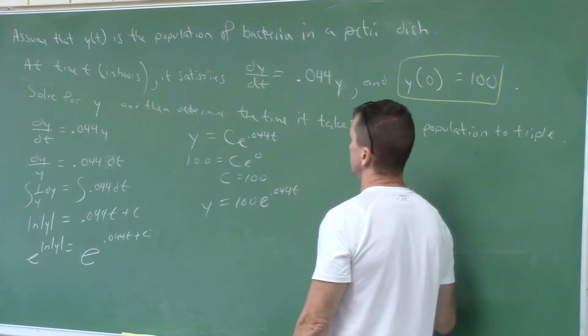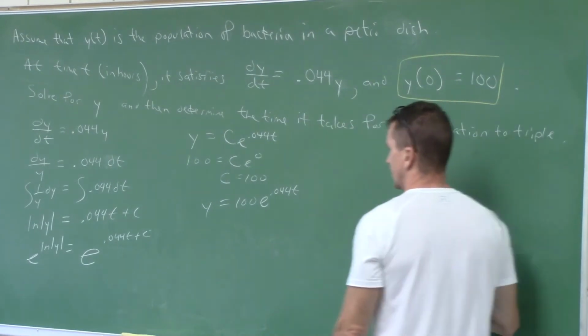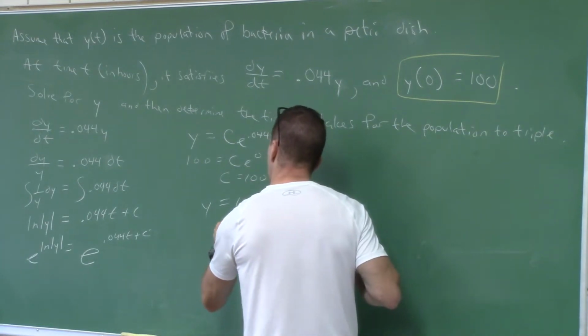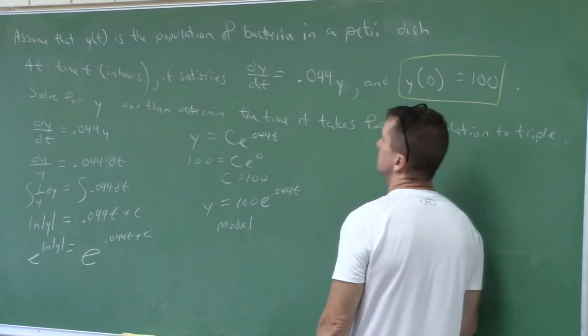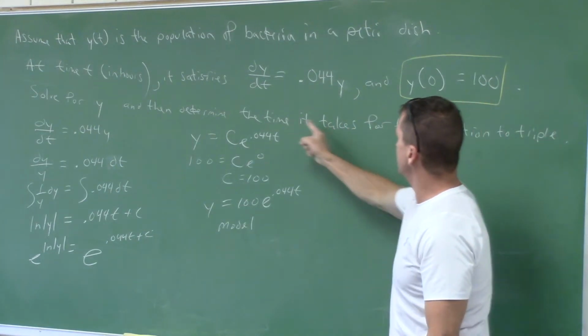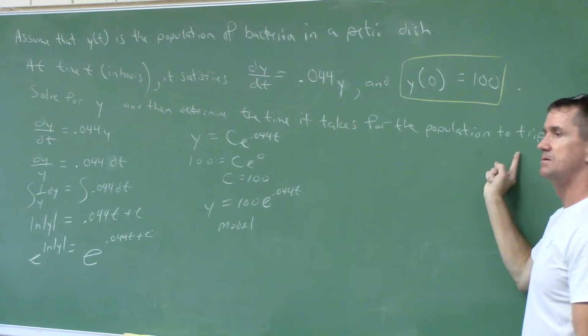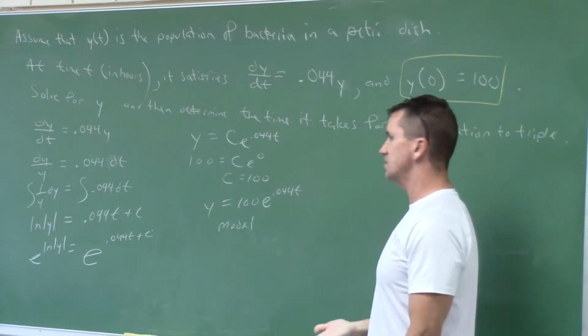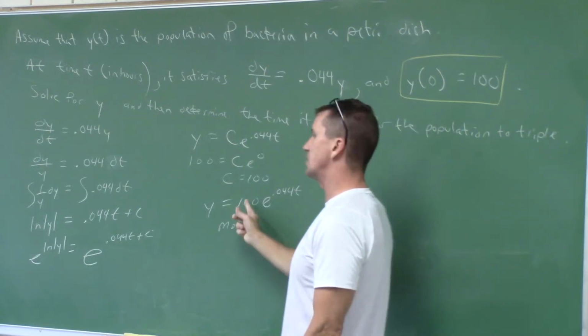All right, now it's pre-calculus time. When you got the model, this is your model. This model's the bacteria, right? So you've done the first part of the problem, but then they ask, can you determine the time it takes for the population to triple? Now we're doing pre-calculus stuff. Remember how to do this? What's triple 100? 300.